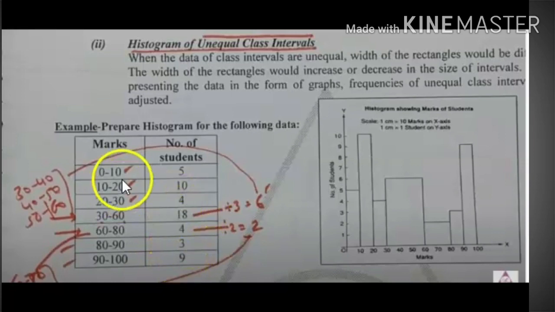Next, how will you plot? You can see here 1 centimeter equals 1, 2, 3, 4, 5, 6, 7, 8, 9, 10 students, and the marks are 10, 20, 30, 40, 50, 60, 70, 80, 90, 100. How will you mark? The first two you mark by plotting 5, marking a bar here.